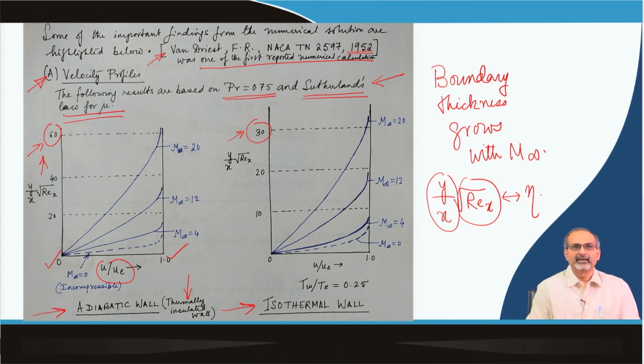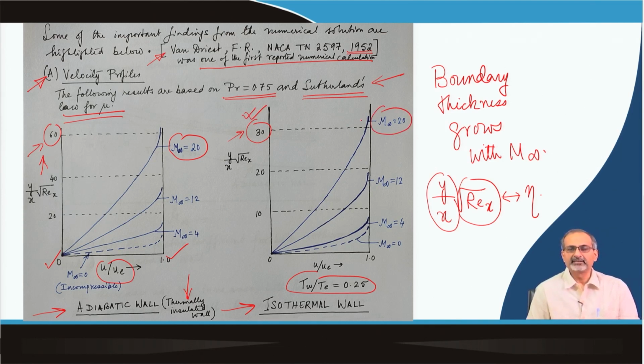Interestingly, you find that the adiabatic wall values for a free stream Mach number of 20 go up as high as 60 or beyond, while for isothermal wall condition, where the wall temperature is 25% of the free stream static temperature, spans only up to a value of about 30 for the same free stream Mach number, which is a clear indication of two things.